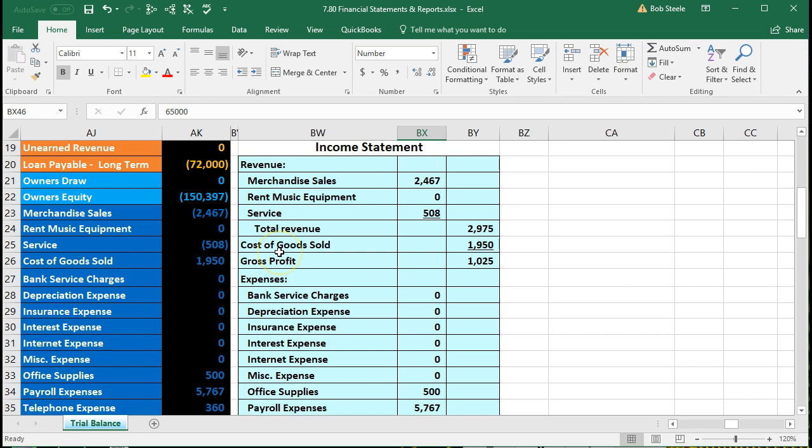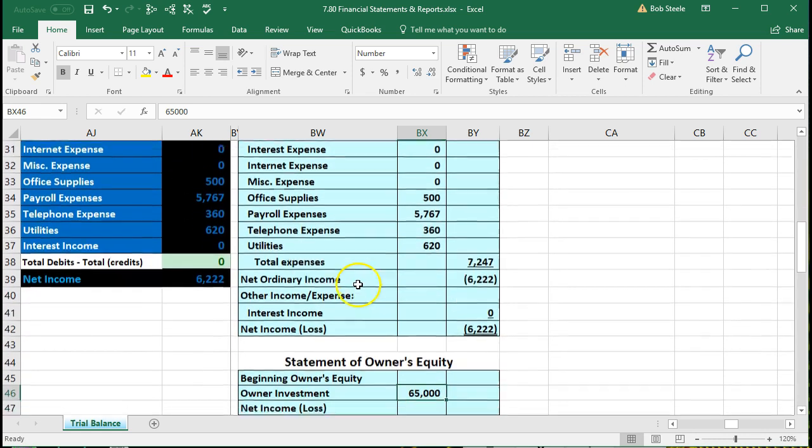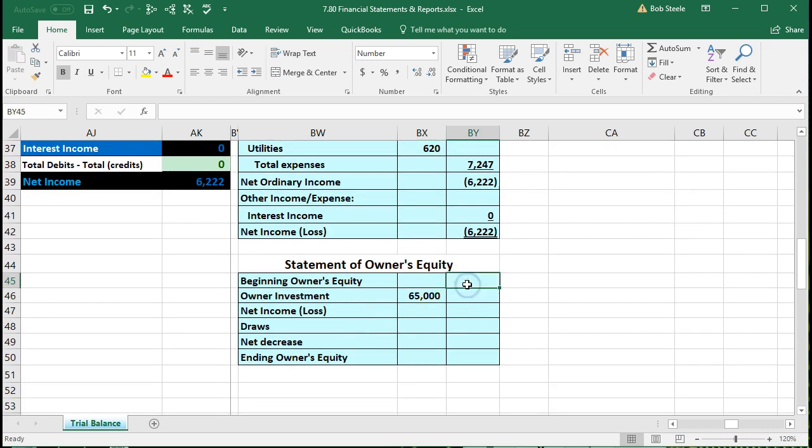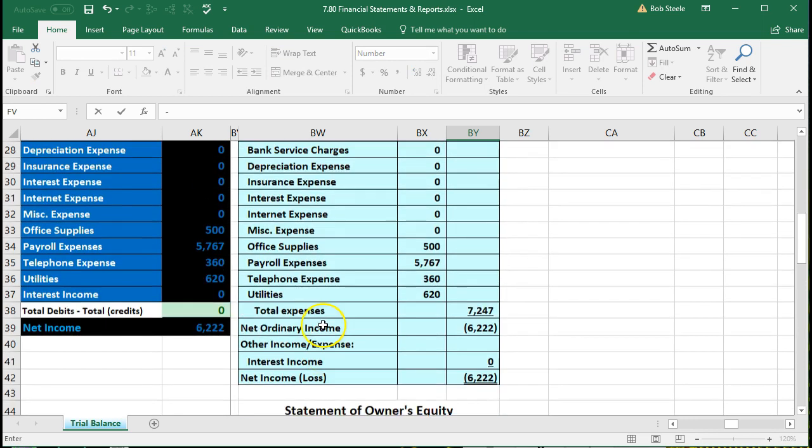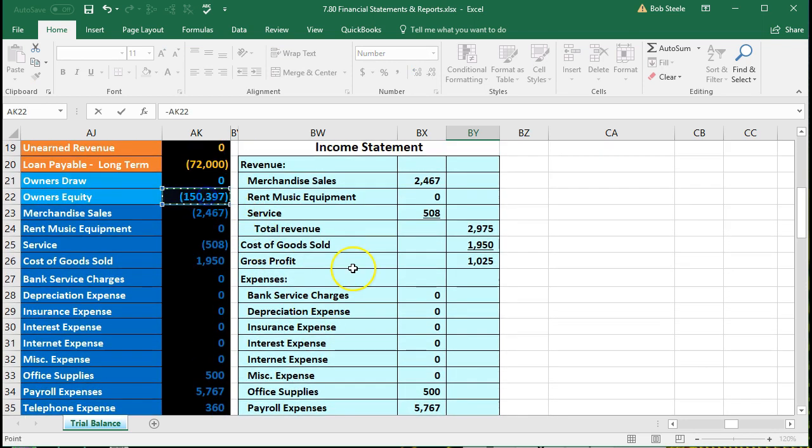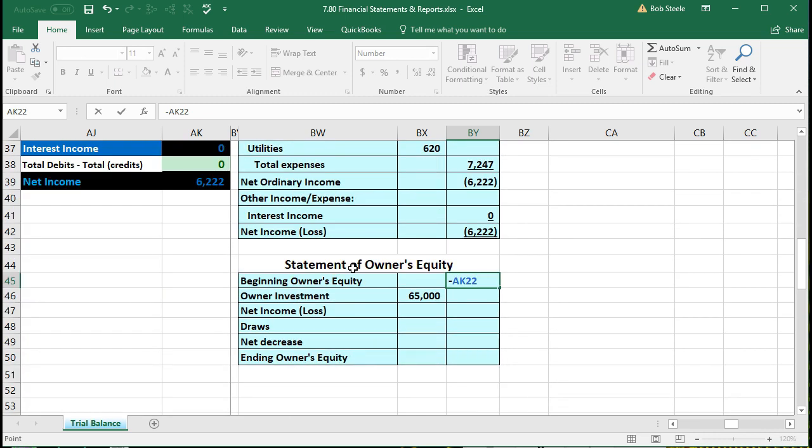So we're going to take the 150,397 minus the 65,000. Because this is a credit, I'm going to use the negative in our formula here. So in a formula, we're going to put our cursor in BY45, type negative instead of equals, and then point to that number. And then we're going to take that negative number minus that number, and that'll give us the 85,397.